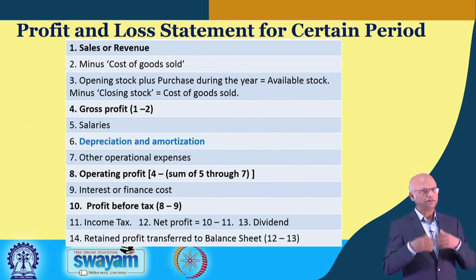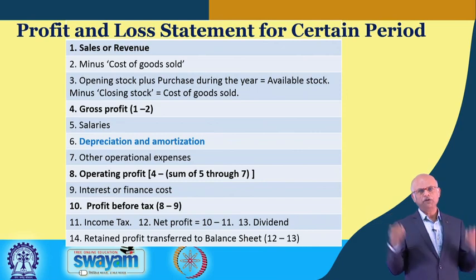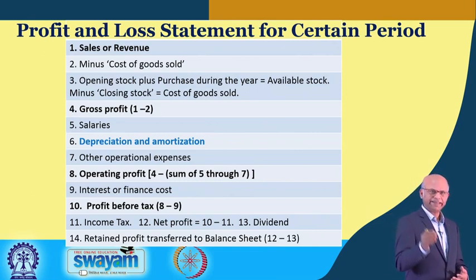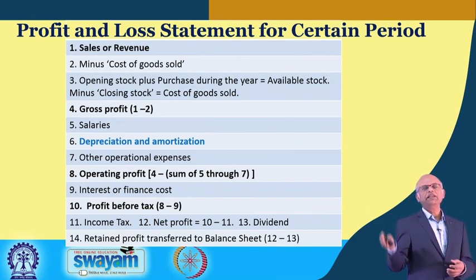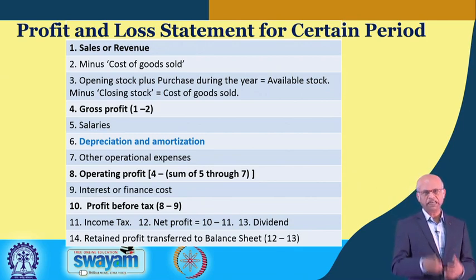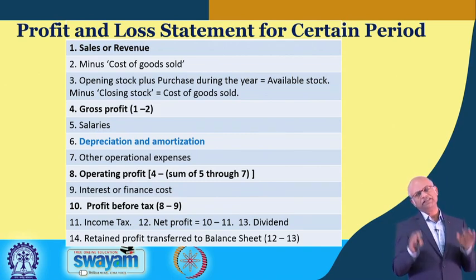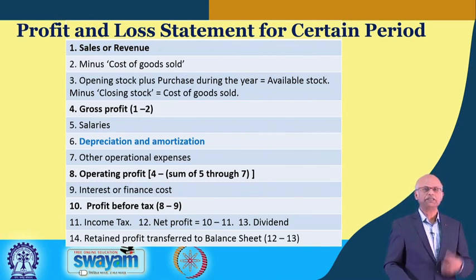Then after operating profit, you deduct interest and other finance costs, then you get profit before tax, you allocate tax, you get net profit, then you deduct dividend, you get retained profit or retained earning. This is carried forward to the balance sheet as retained earning or reserves and surplus. We will discuss that.